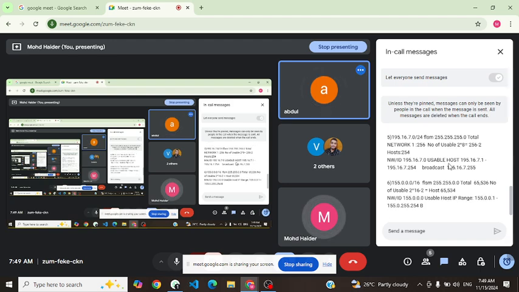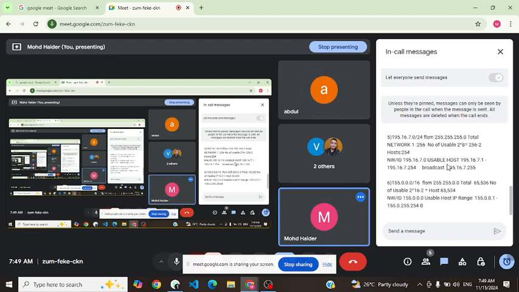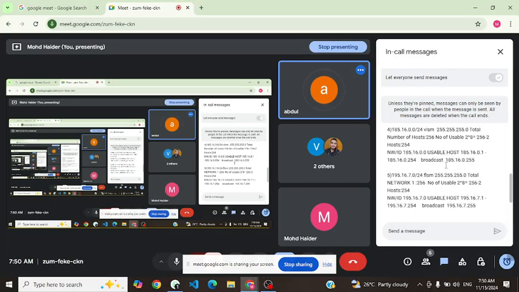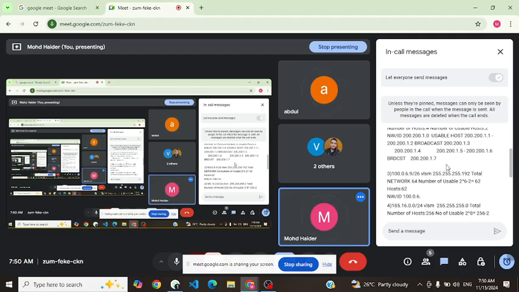You're making a mistake only in the fourth one. 0.2, so this is the network ID. This is the first. Okay. Subhajit, open your pen and solve this question. 254.